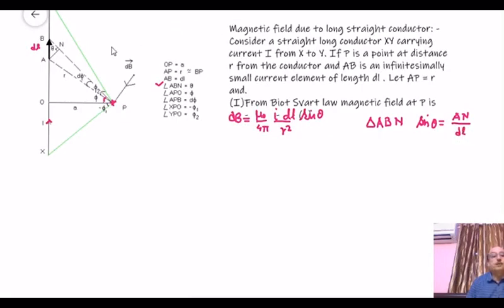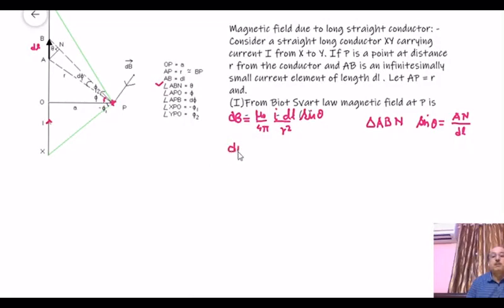Sine theta is perpendicular upon hypotenuse, AB, and AB is dl.